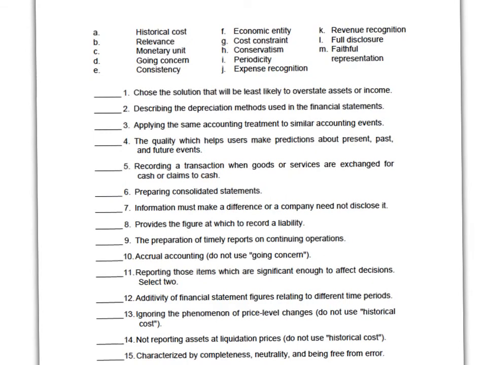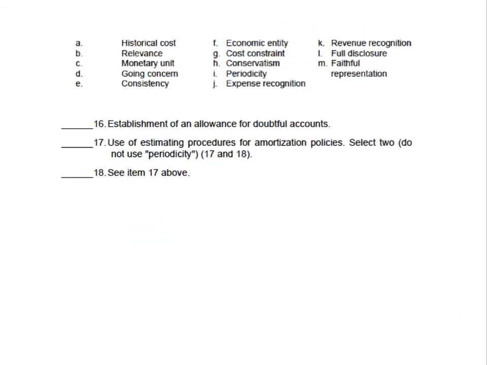We're going to be talking about establishment of an allowance for doubtful accounts. Here it has to do with several different things, I suppose, but the one that comes up is expense recognition. You could also argue conservatism.